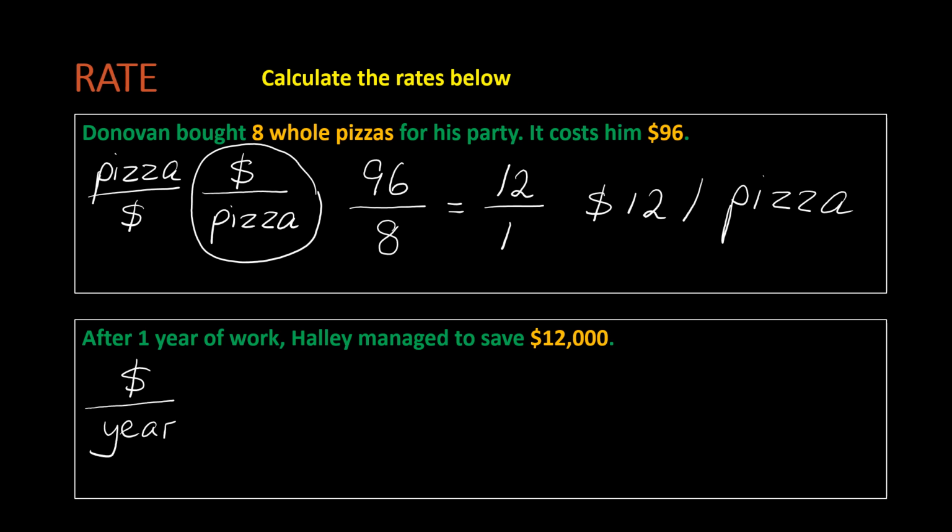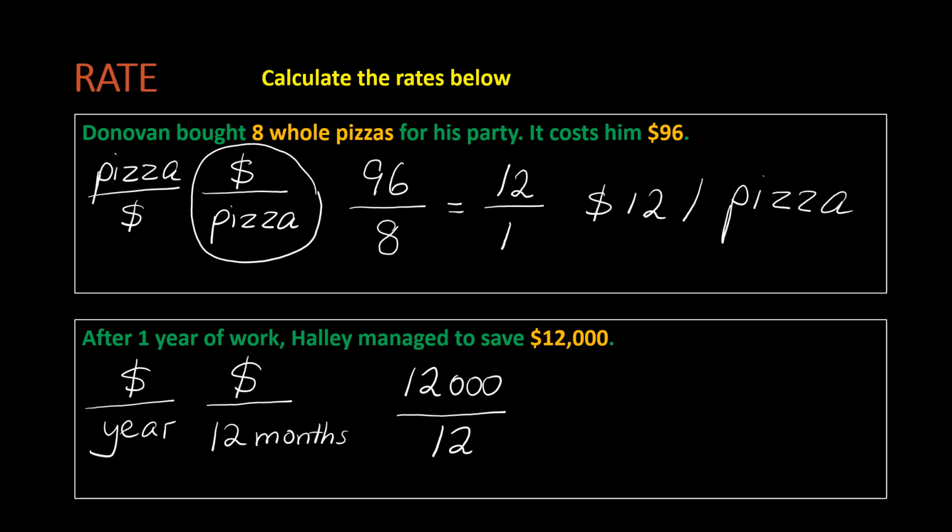In fact, better still, dollar over 12 months. So we have 12,000 over 12, and we get per month.